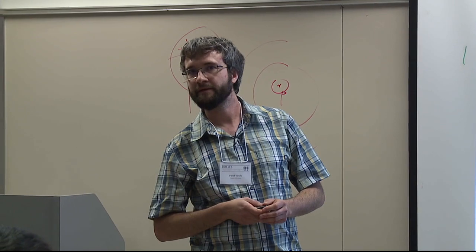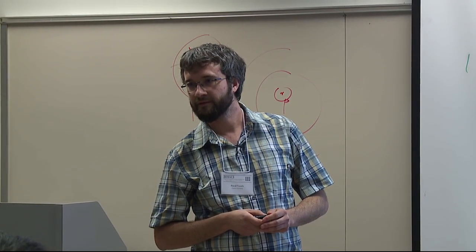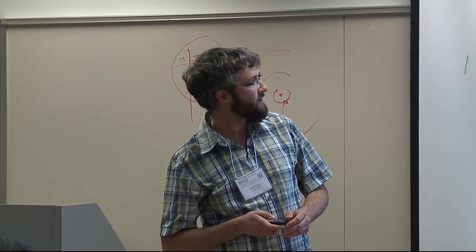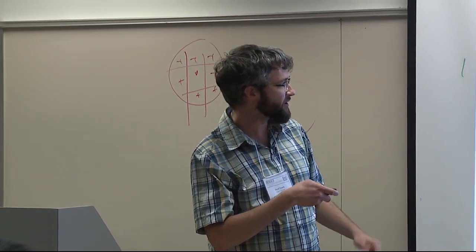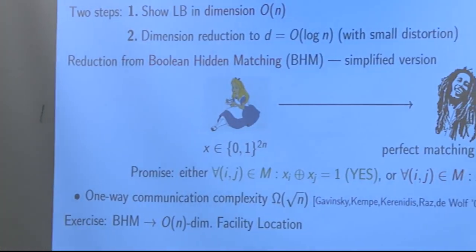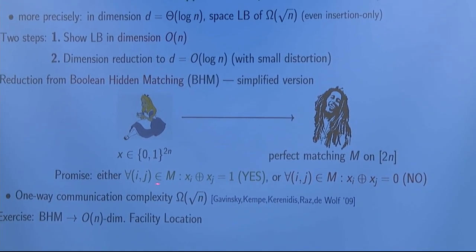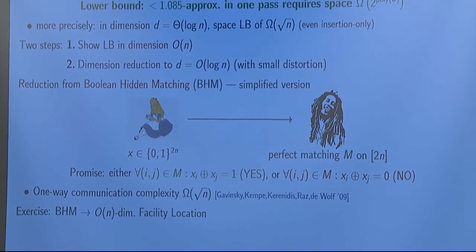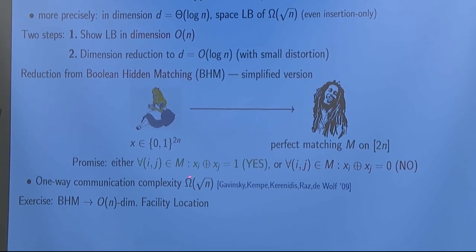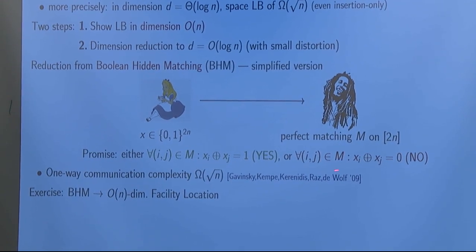I'm curious, I don't know if this was in the slides you didn't go through, but what is the Boolean hidden matching problem? It's a communication problem. Alice gets 2n bits, and Bob gets a perfect matching on the indices. The promise is that if you take the XOR of the 2 bits, you get either 1 on all edges of the matching, or 0 on all edges.